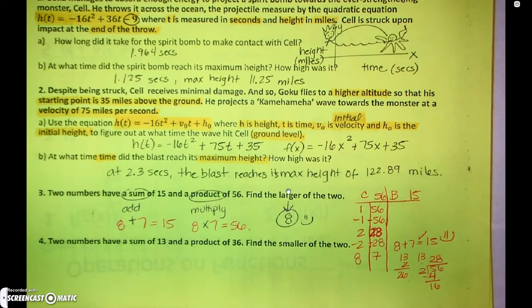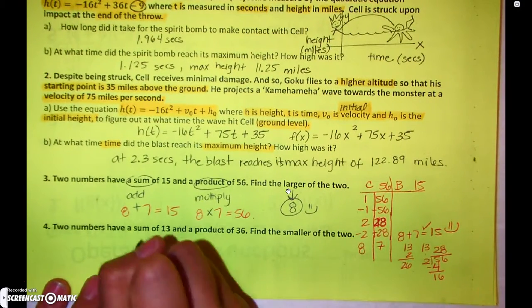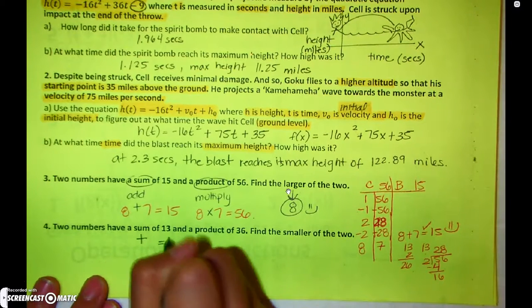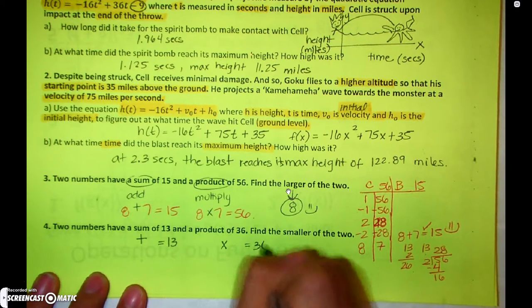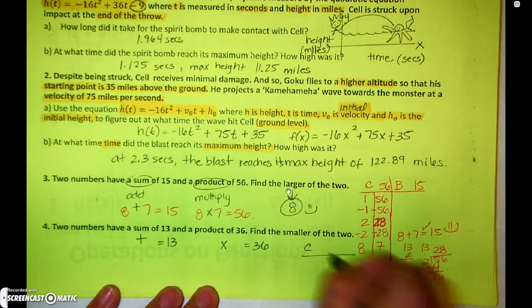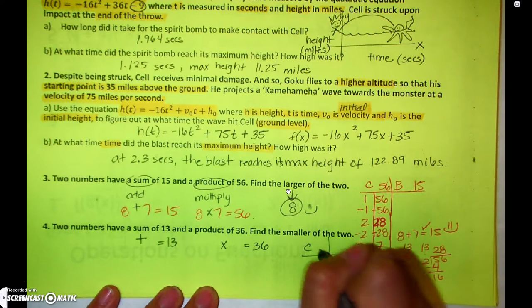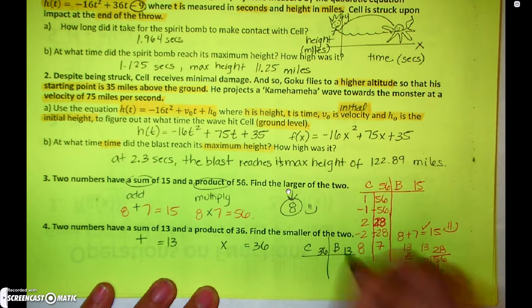Okay, last question. Two numbers have a sum of 13 and a product of 36. Okay, so what numbers can I add together to be equal to 13 so that when I multiply them together, I get 36? So, CB table, what are the factors of 36 so that they add up to 13?